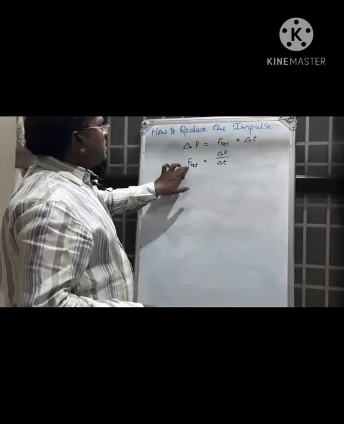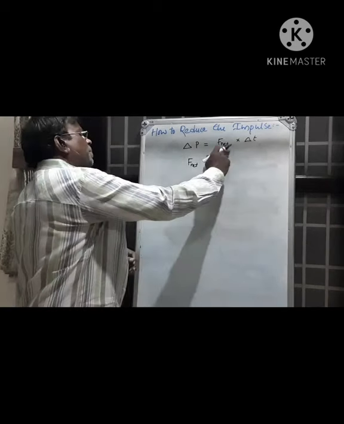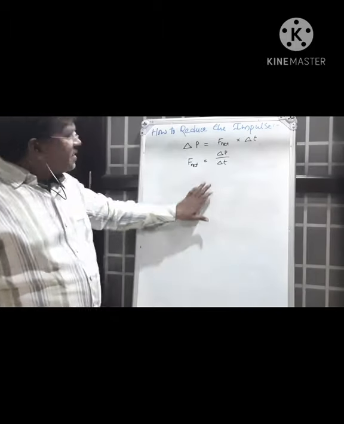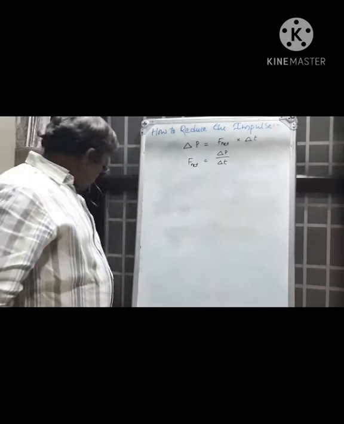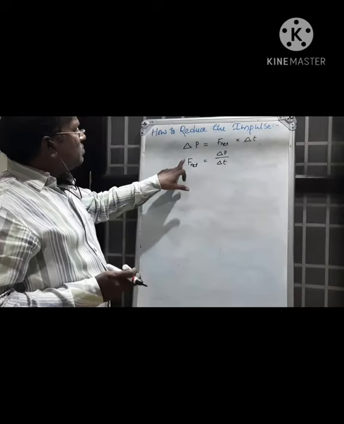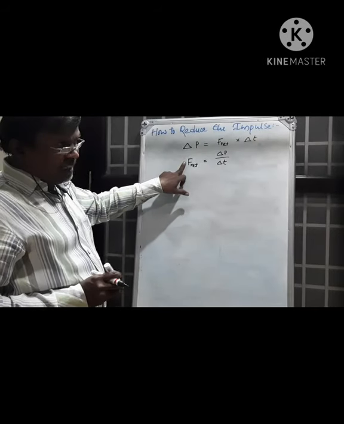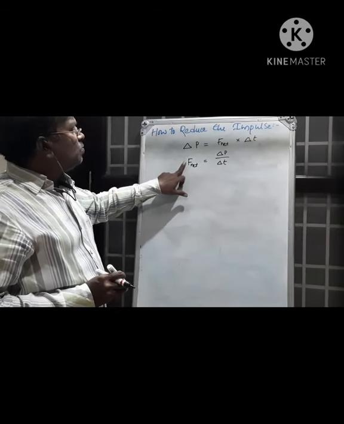See, here F net is equal to delta P by delta T. In order to decrease the impact of the force, that is F net, what we have to do?